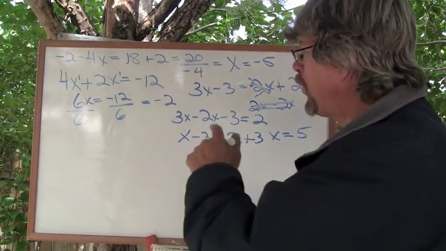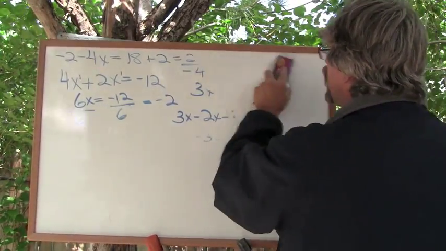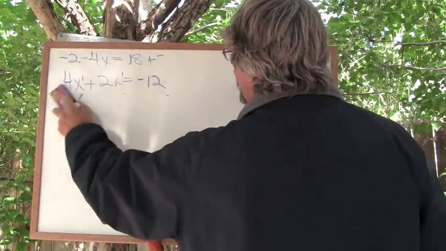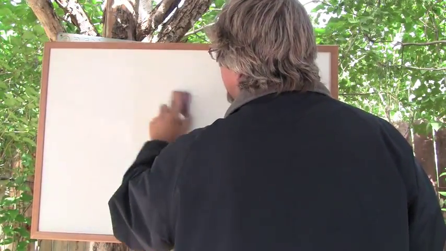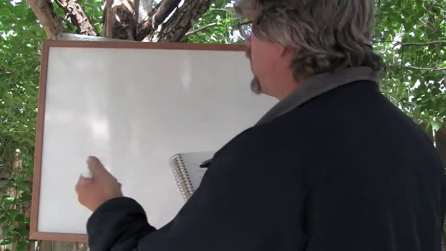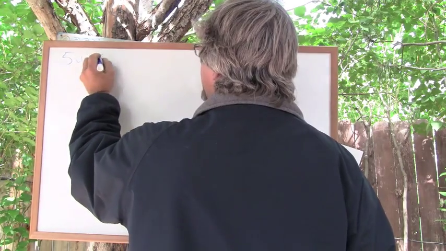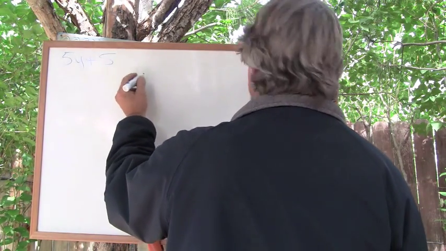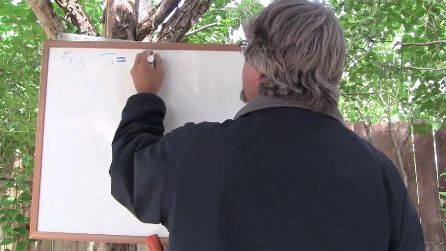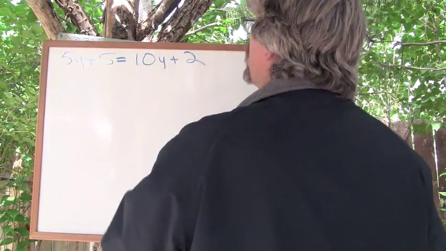Let's do another one of these kind, because we will run into these enormously in all kinds of word problems. So it's good to get used to them now. 5y plus 5 equals 10y plus 2.